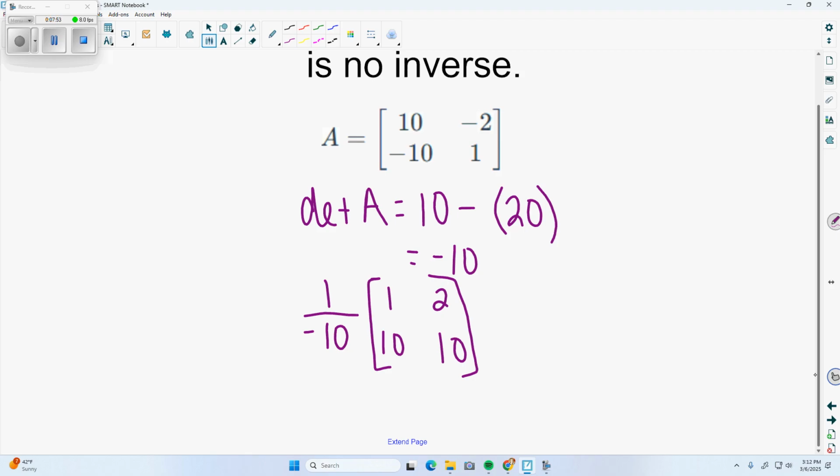Depending on what you're doing with this, sometimes it's useful to leave that scalar out front. Sometimes it's more useful to go ahead and multiply it in. I'm going to go ahead and multiply it in. We'll talk about when I would do what tomorrow when we talk about systems. Multiplying each and every element by negative 1/10.